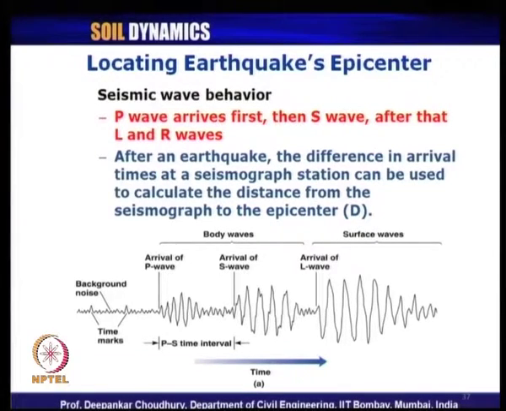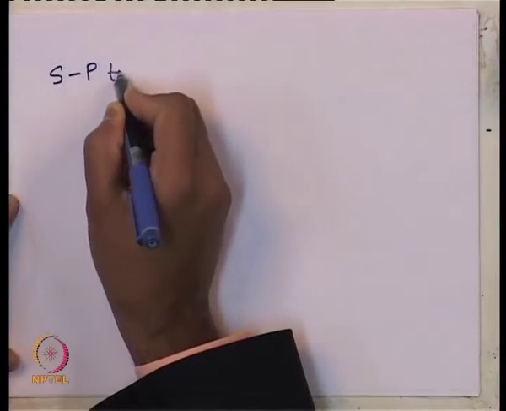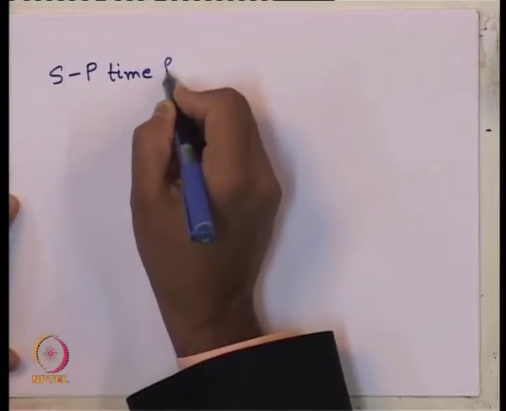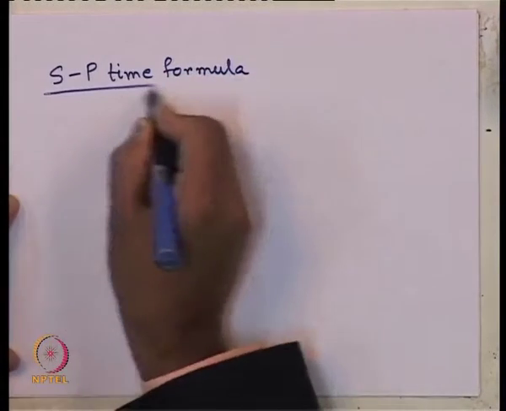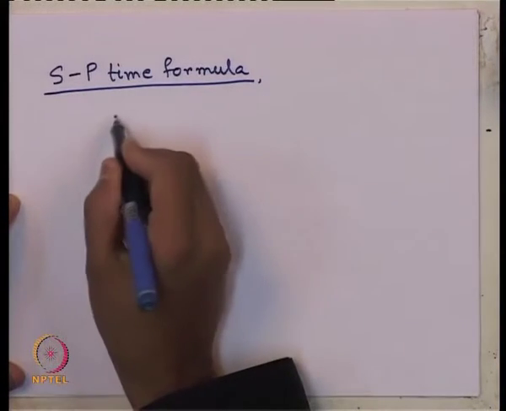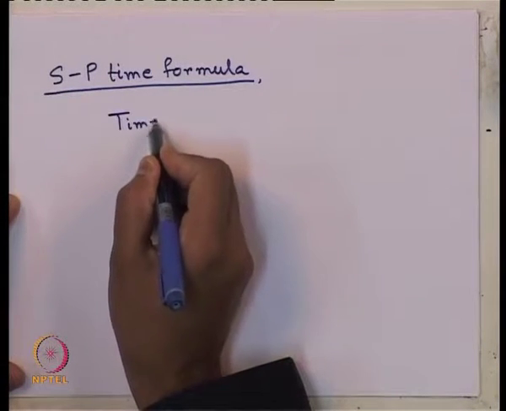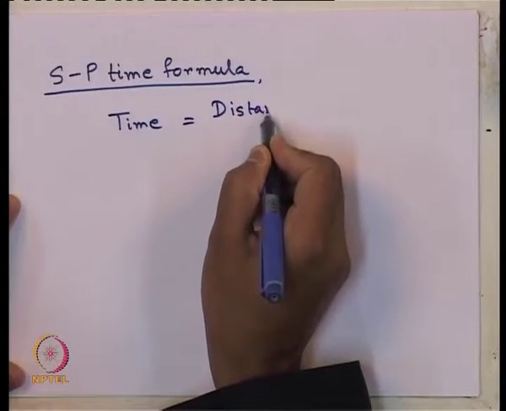By using the S minus P time formula, we can locate the distance of an epicenter. How? Because we know time is nothing but distance by velocity.